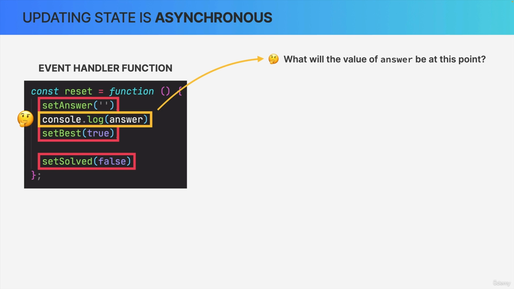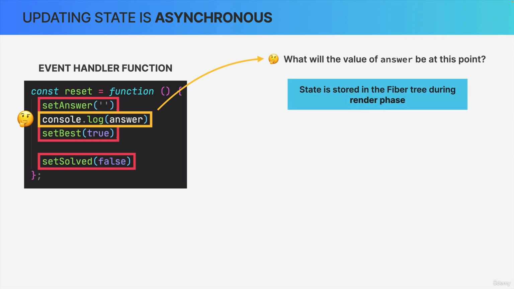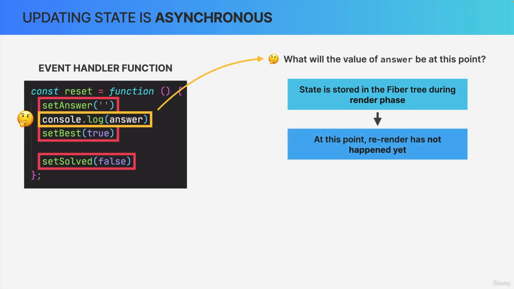So remember that component state is stored in the fiber tree during the render phase. Now at this point in the code, the render phase has not happened yet. So React is still reading the function line by line to figure out what state needs to be updated. But it hasn't actually updated the state yet, and it also hasn't re-rendered yet. That's the whole point of batching state updates in the first place, right?